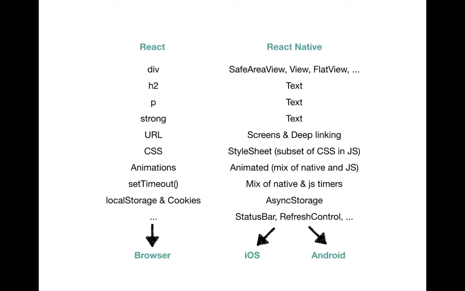So all authenticated flows, all flows that rely on cookies on web can't be just executed on React Native. Instead, you need to use different approaches. One is async storage, but obviously I'm not an expert. Probably there are some other things.